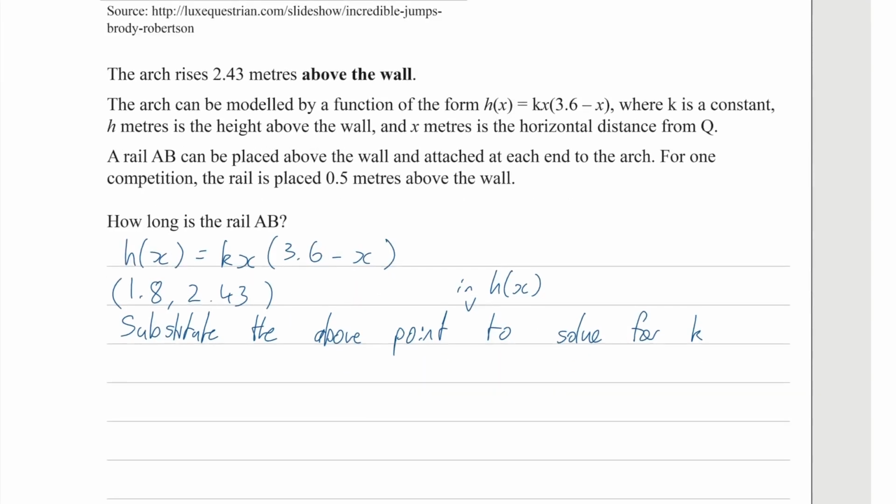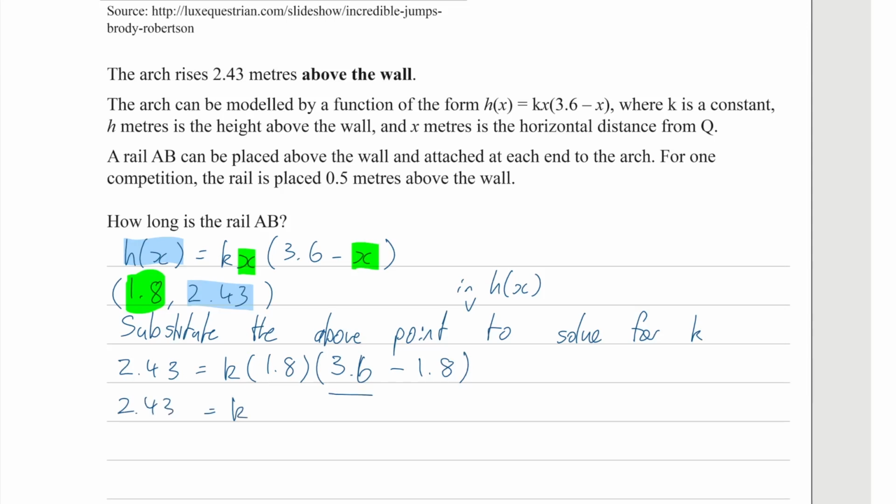So here the x value is 1.8, and the h of x value, or the height, is 2.43. So 2.43 equals k times x, which is 1.8, times (3.6 minus x), which is 1.8. So let's simplify and solve for k.